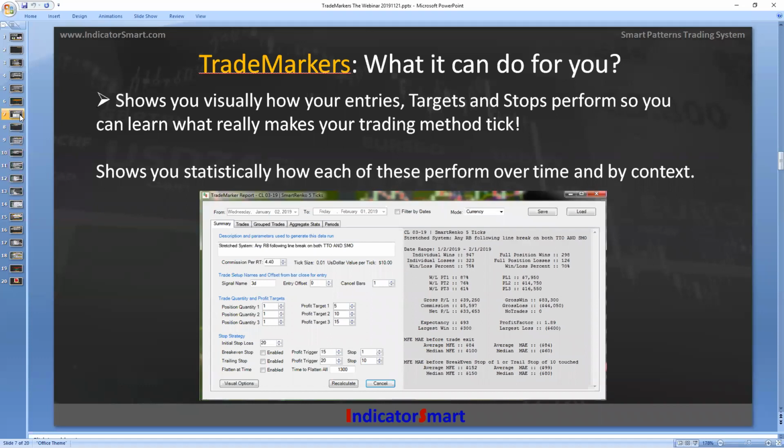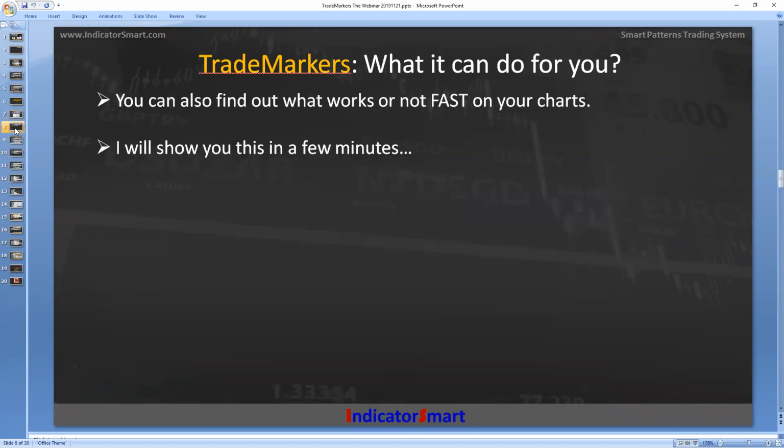And it shows you statistically how each of these perform over time and by context. This is a trade marker report, and we'll be taking a closer look at that shortly, and we're going to actually make one of those based on some trading rules.